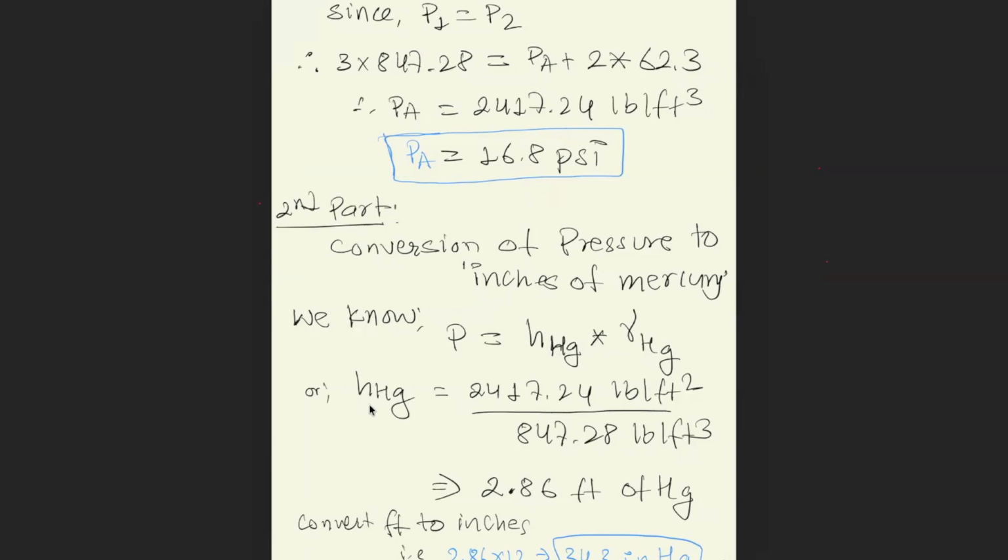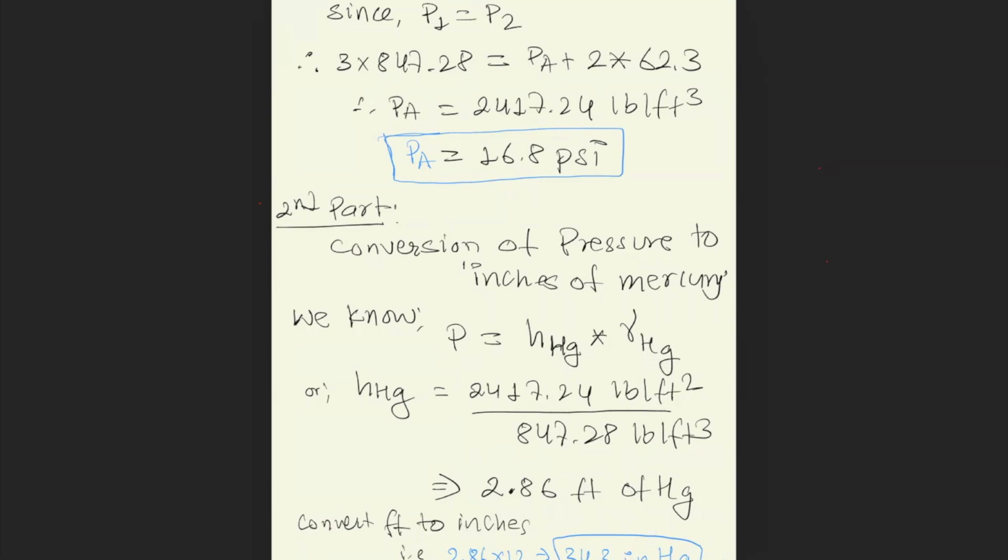The pressure is 2417.24 lb per square foot, and we already calculated the specific weight, which is 847.28 lb per cubic foot, which gives us 2.86 feet of Hg.